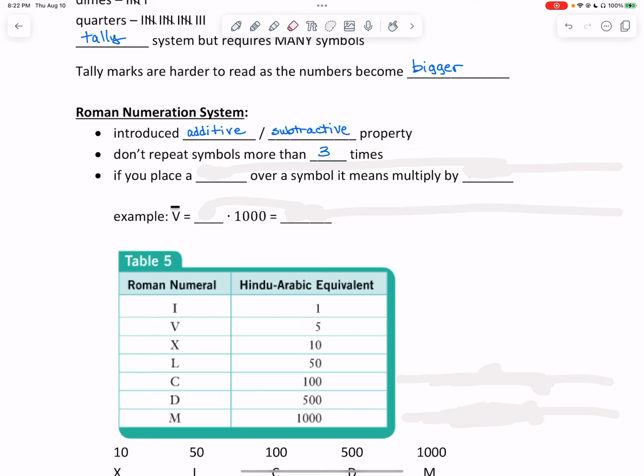They don't repeat those symbols any more than 3 times, so you're never going to have the same symbol more than 3 times in a row. And if you place a bar over a symbol, it means you are going to multiply by 1,000. So V with a bar over it, you may remember that the V stands for 5, so that's V times 1,000. So that's 5,000.